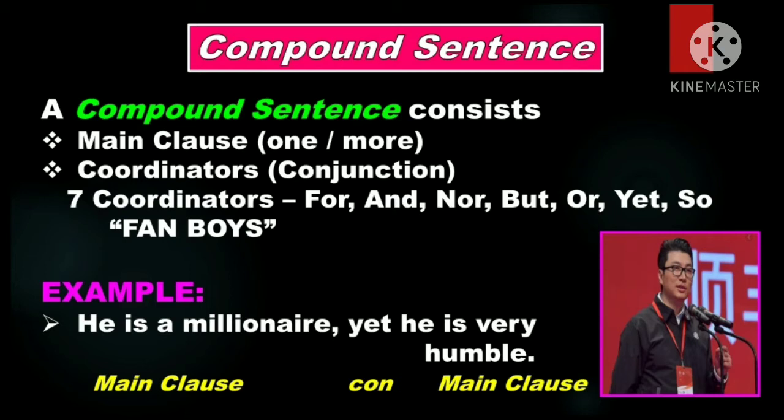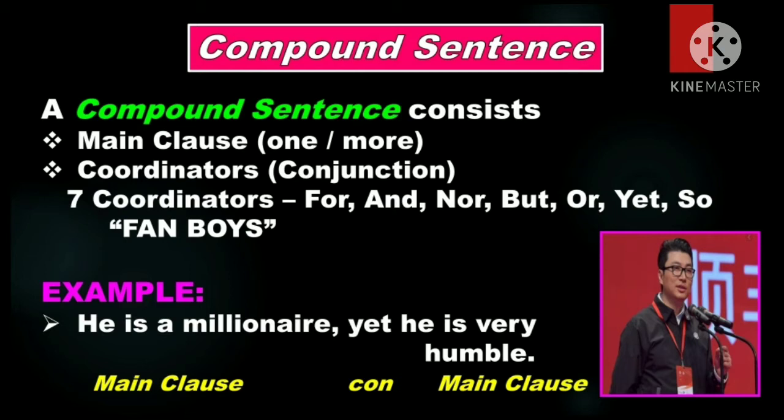Coordinating conjunctions are easy to remember if you think of the word FANBOYS. Therefore, a compound sentence is formed when two main clauses are joined by one of these connectors. Note that before such a coordinator, we have to put a comma.